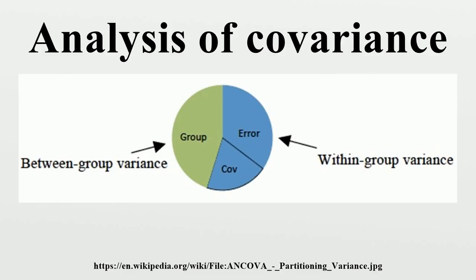Uses of ANCOVA. Increased power. ANCOVA can be used to increase statistical power by reducing the within-group error variance. In order to understand this, it is necessary to understand the test used to evaluate differences between groups, the F-test. The F-test is computed by dividing the explained variance between groups by the unexplained variance within the groups.